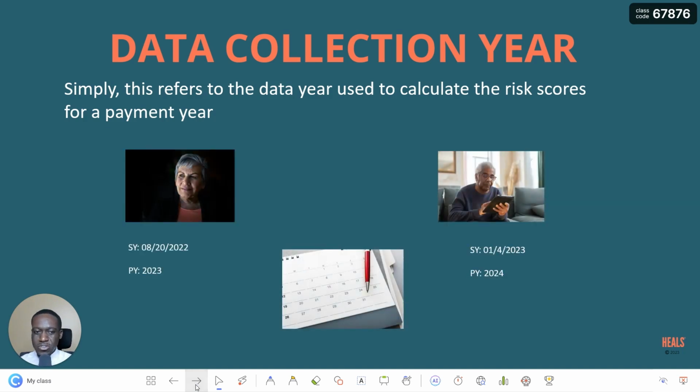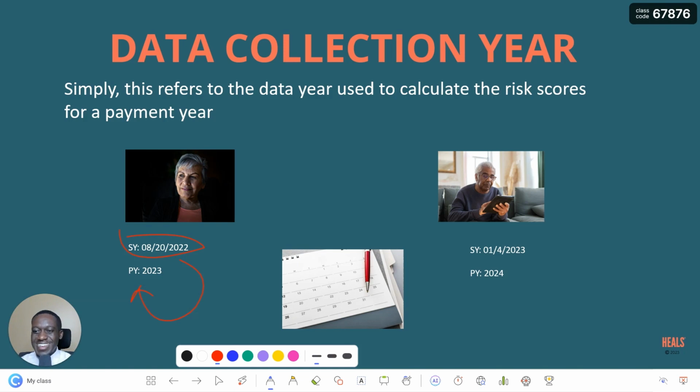We have Ms. Jones and Mr. Clark here. From the previous examples, we saw that Ms. Jones had a service on 8/20/2022, so we recognize that the service year for this service is 2022. And 2022 goes into payment year 2023, risk adjustment payment year. So the data collection year for payment year 2023 is 2022.